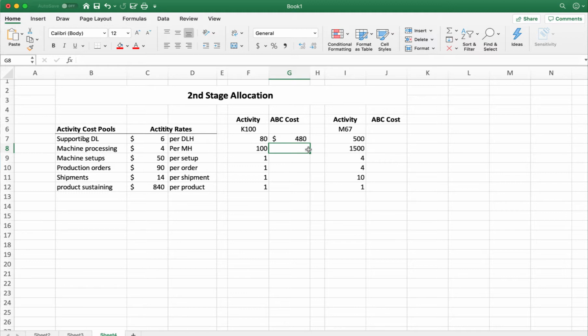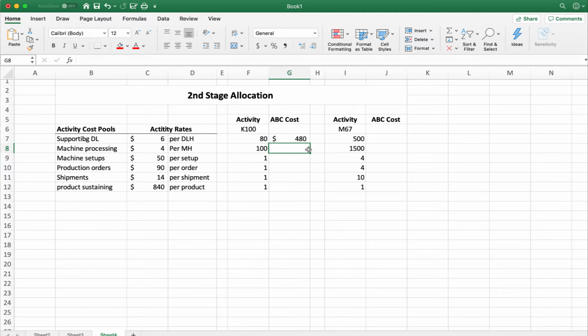There are overhead departments, and their costs are allocated to machine processing, meaning this activity consumes specific overhead costs.